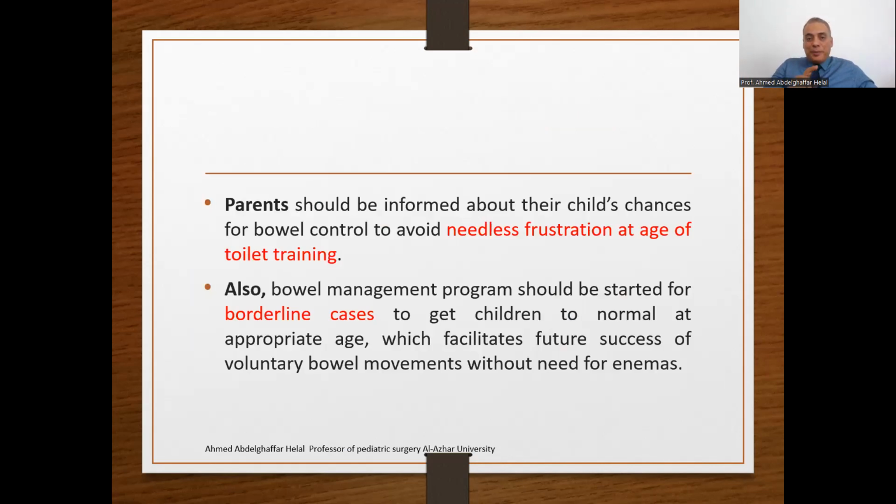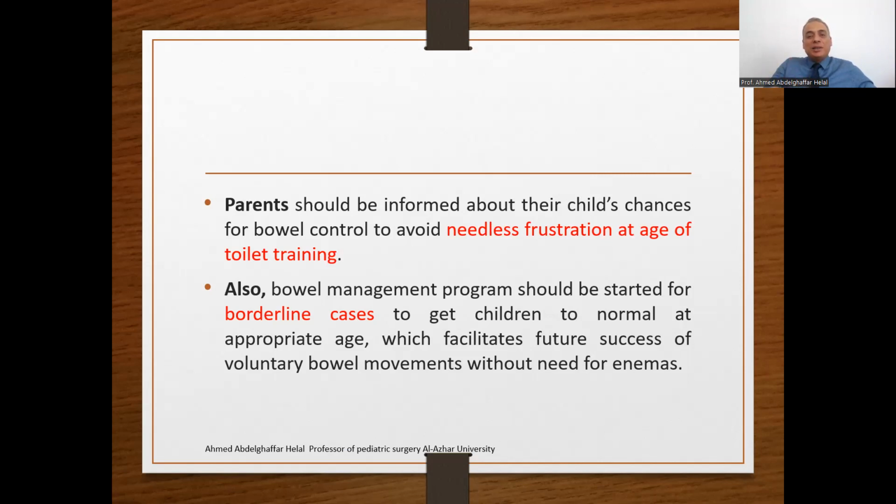It's very important. Parents should be informed about their child's chances for bowel control to avoid needless frustration at the age of toilet training. It's very important to be very clear as a pediatric surgeon and discuss the problem with the parent.